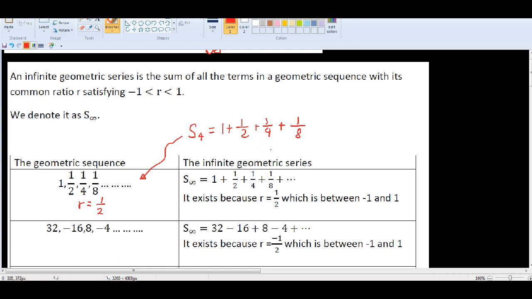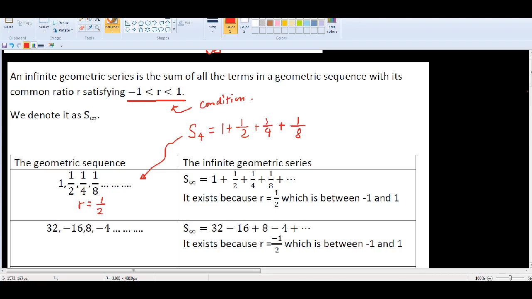That's the condition for the sum to infinity, or what we call an infinite series. This is the crucial condition. You have to satisfy it before you can even write that infinite geometric series. Otherwise it's just illegal.